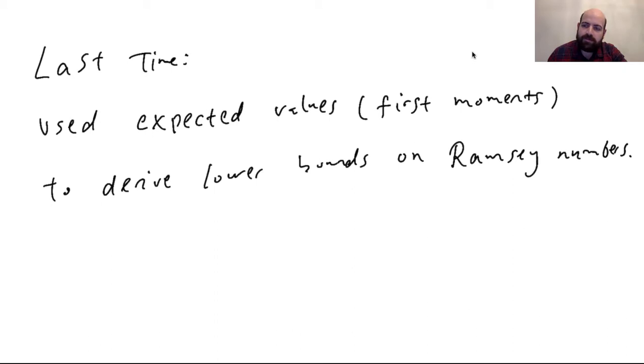So the output of indicator random variable is either 1 or 0. It will be 1 if the input is in event A, and 0 if the input is not in event A.